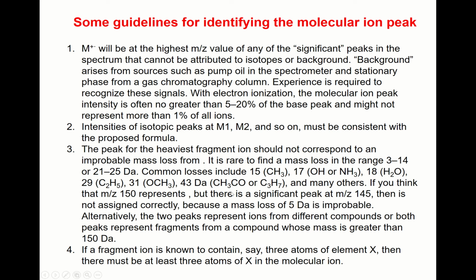This is the propyl group, and this is the acetyl group, and many others. If you think that the mass to charge ratio 150 represents the molecular ion, but there is a significant peak at 145, then it is not assigned correctly.